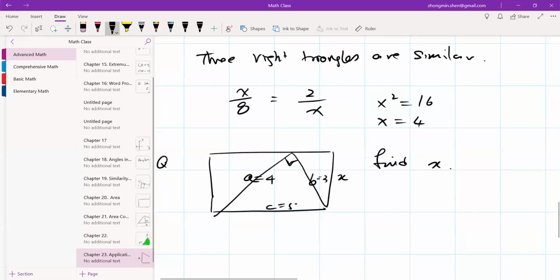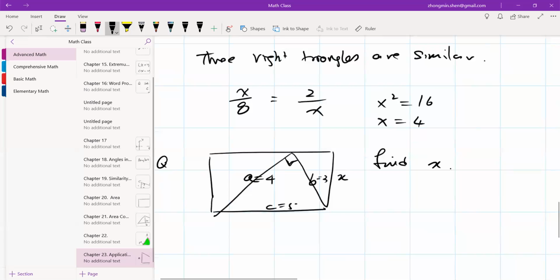Helen? No? Brian? No. Edward says 12/5. Edward is the youngest boy in this class. Edward Chen. Yeah, I think he's only 5th grade yet. He's already found it.